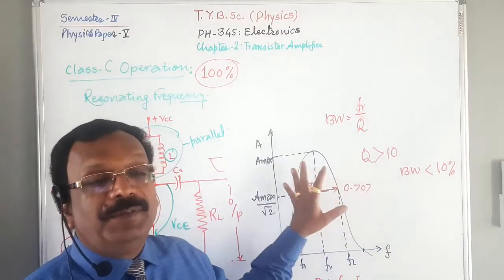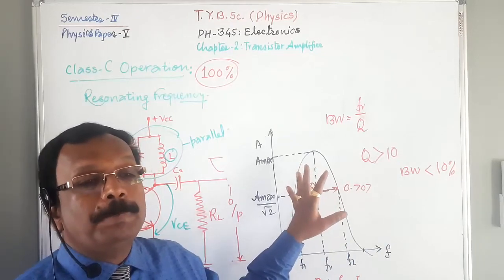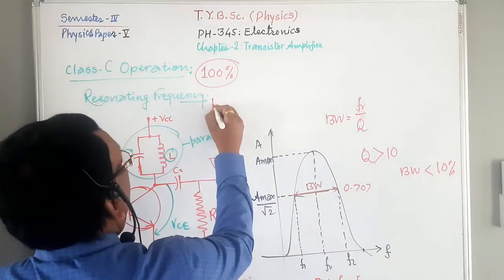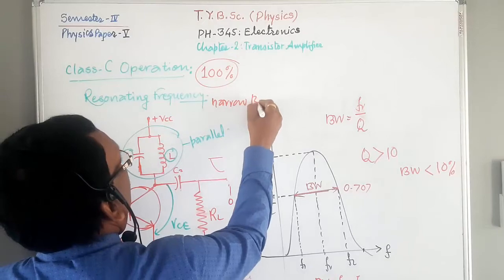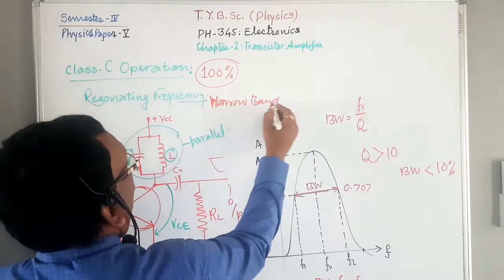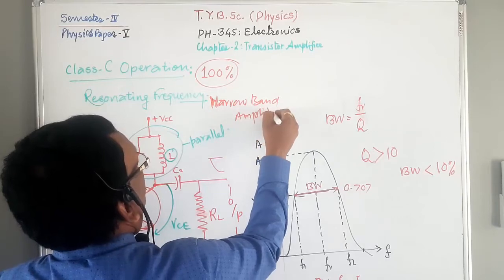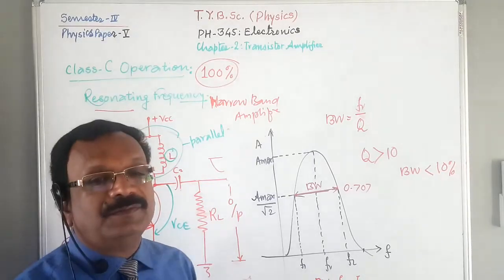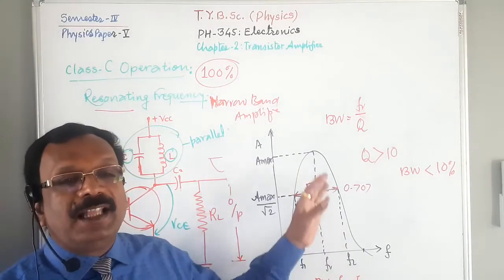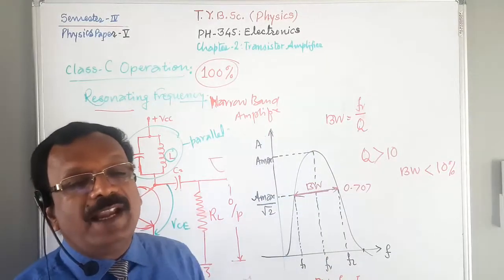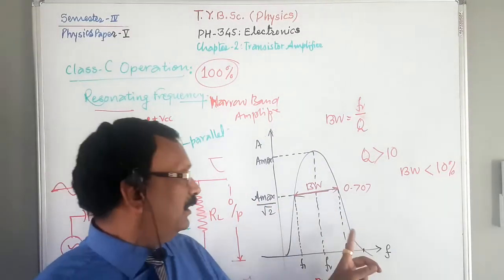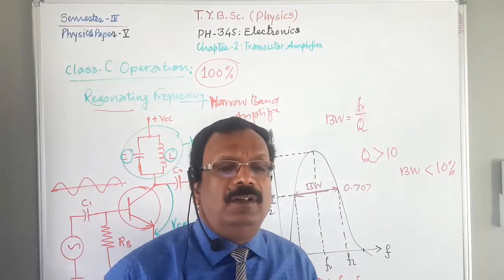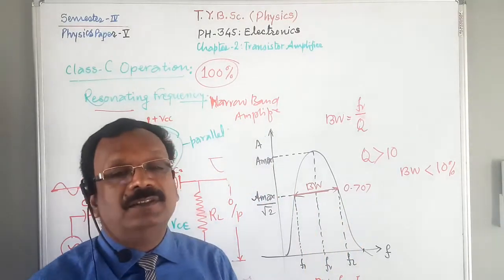Hence, class C amplifiers are narrow band amplifiers. A class C amplifier is also called a resonating amplifier or narrow band amplifier. The output of a narrow band amplifier is a large sinusoidal voltage at resonance, with a rapid drop above and below the resonance.